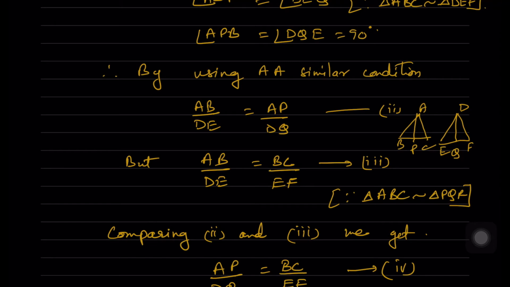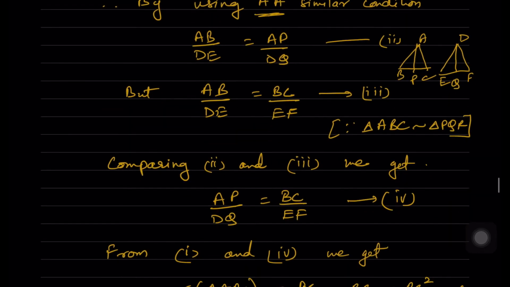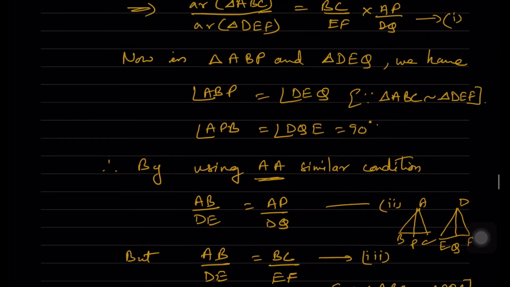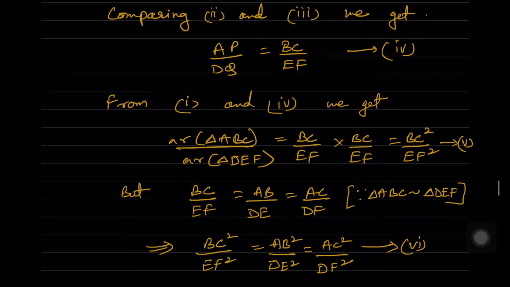That is because we proved it from the AA similarity condition. But AB by DE is equal to BC by EF from the given main condition, because these two triangles are similar, so the sides are proportional. So therefore you got this for the second and third one. The first one we got by using the areas of both the triangles.